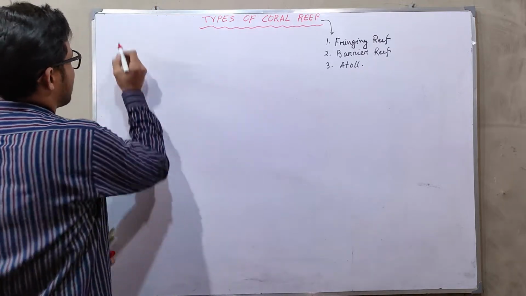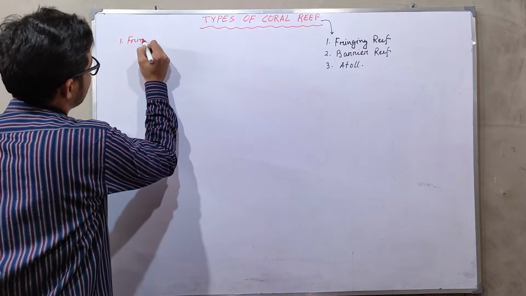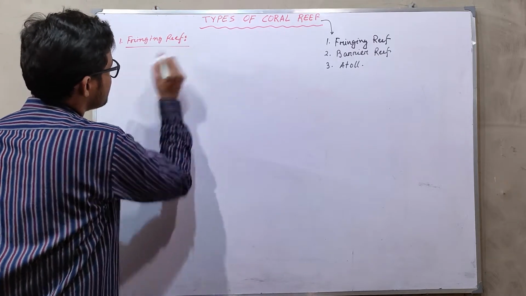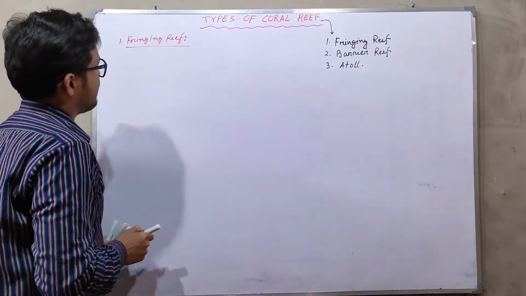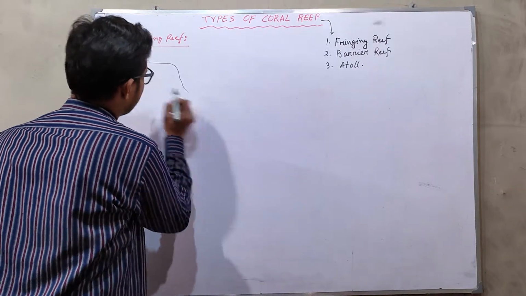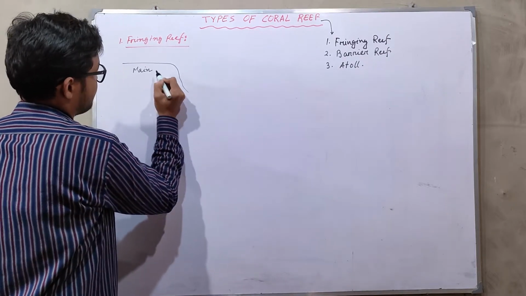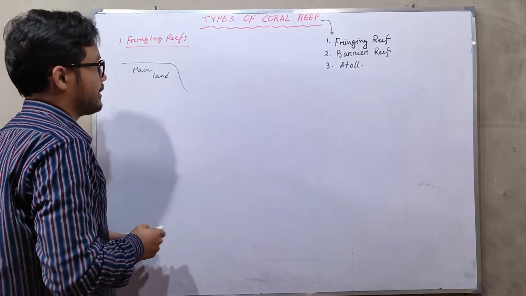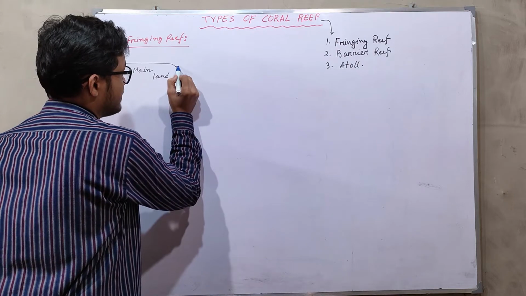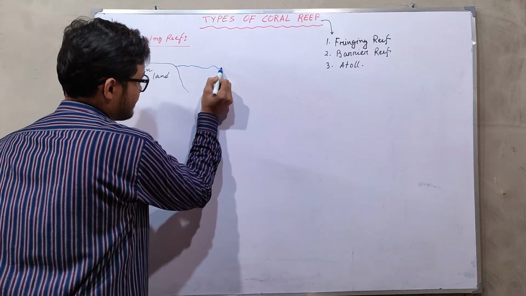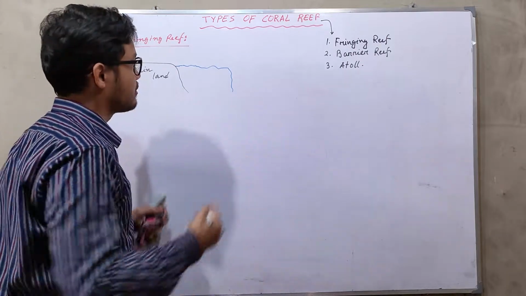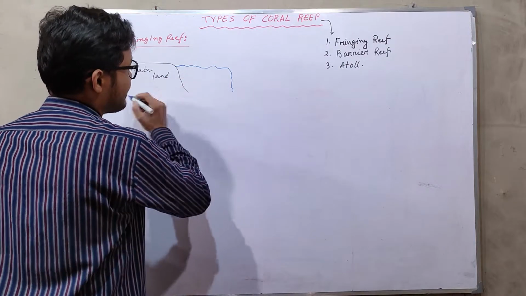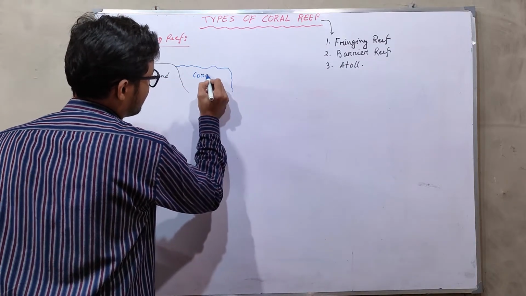So if we observe the structure of a fringing reef, suppose this is the mainland. Fringing reefs start just beside the mainland, and extend from here up to several meters or even kilometers.